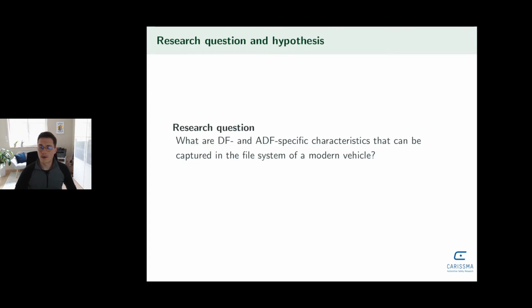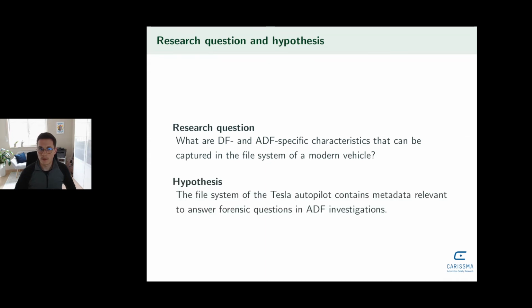And this comes to our research question, which is: what digital forensics and automotive digital forensics specific characteristics can be captured in the file system of a modern vehicle? And the corresponding hypothesis is that the file system of our Tesla Autopilot contains metadata that is relevant to answer forensic questions in an automotive digital forensic investigation.